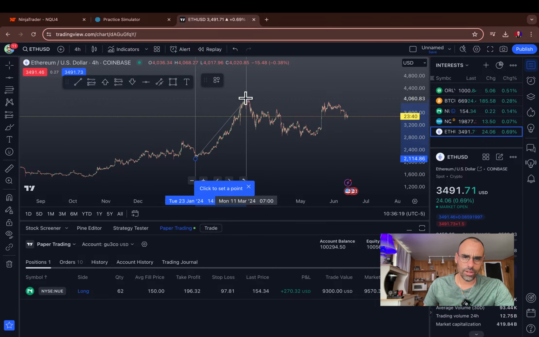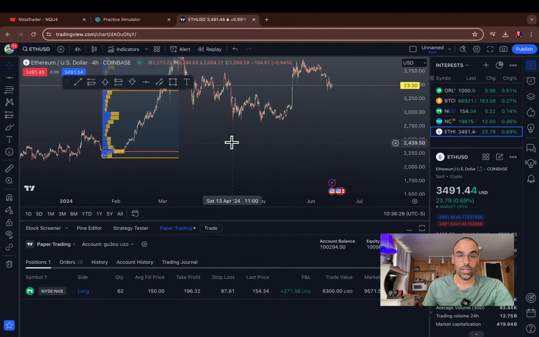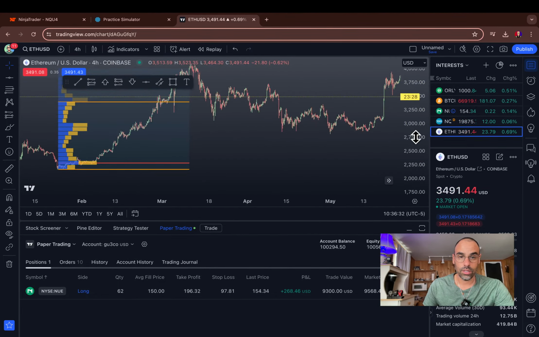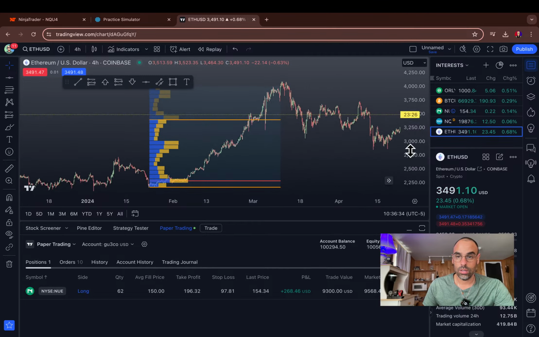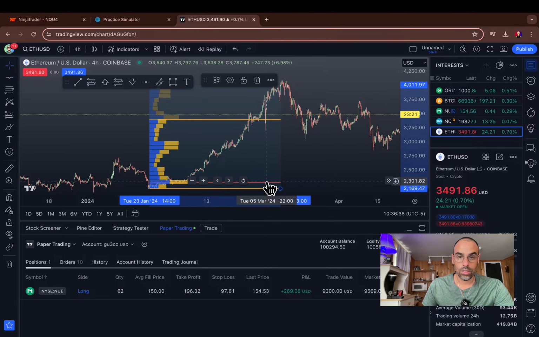Was it an all-time high? No, it's not an all-time high for Ethereum. Anyways, we take that and boom. So now we have the volume profile, right? You see this?